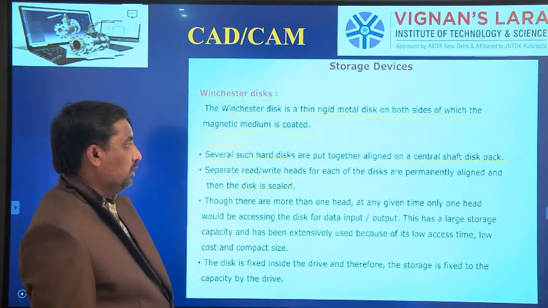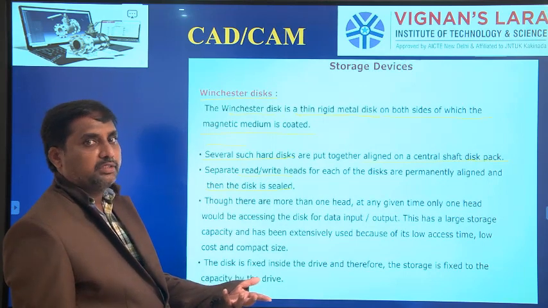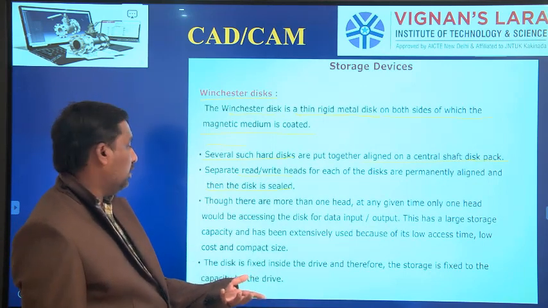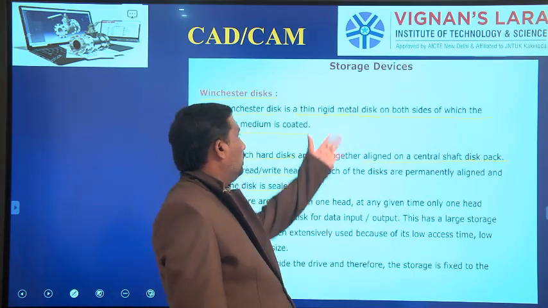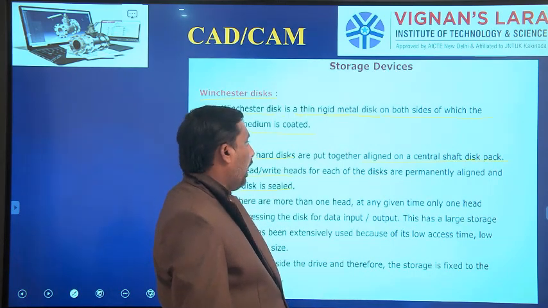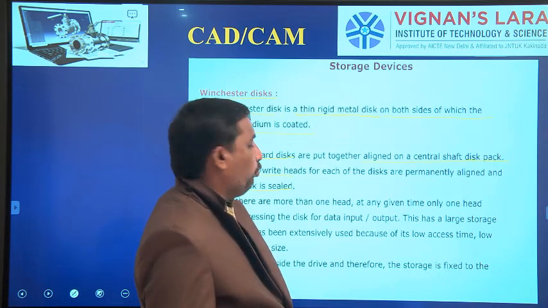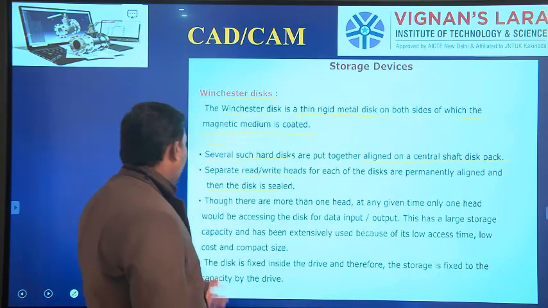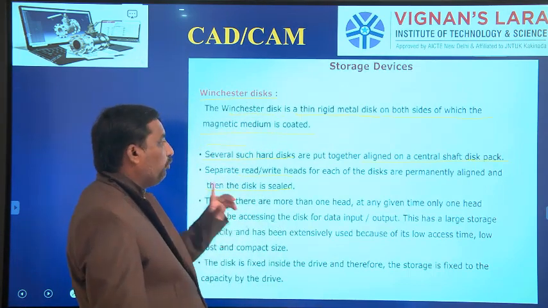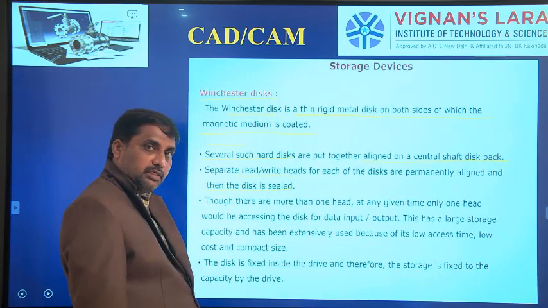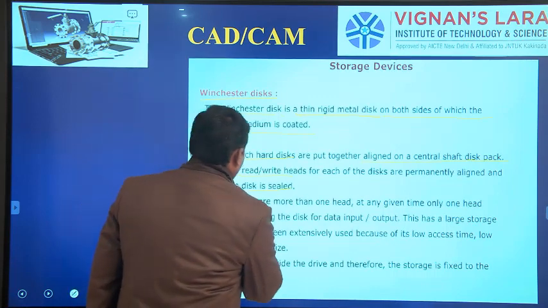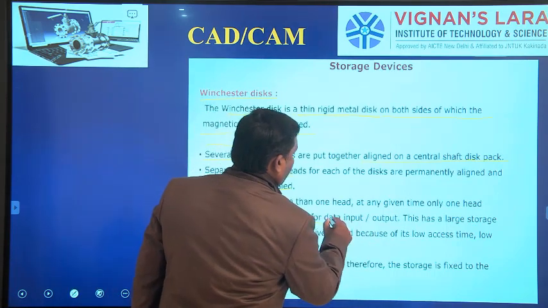But even though we have multiple heads, among all these hard disks we have to read one disk and use one read and write head, which will be accessible for data input or output.